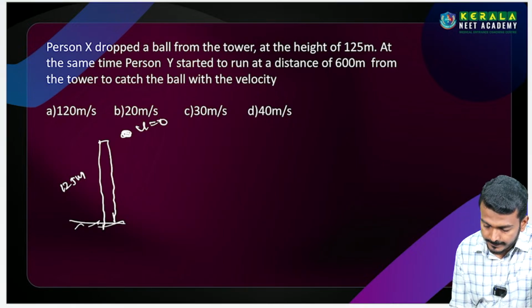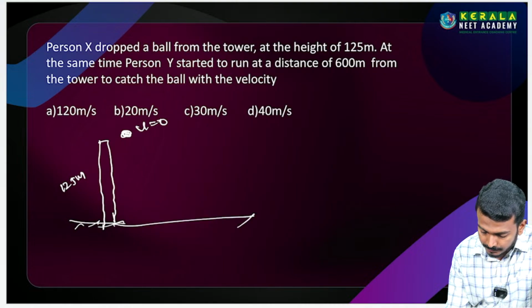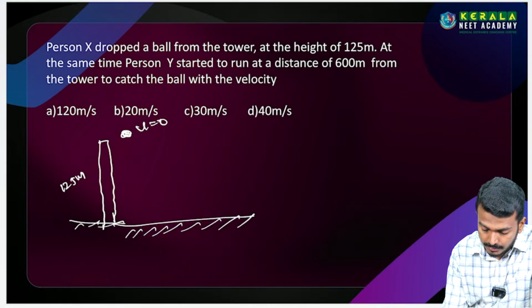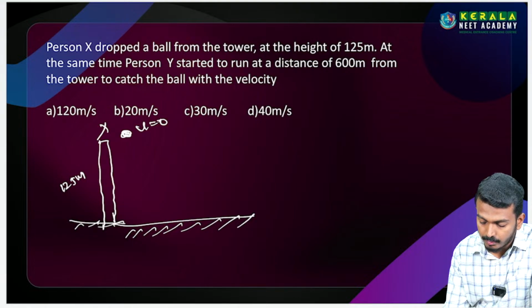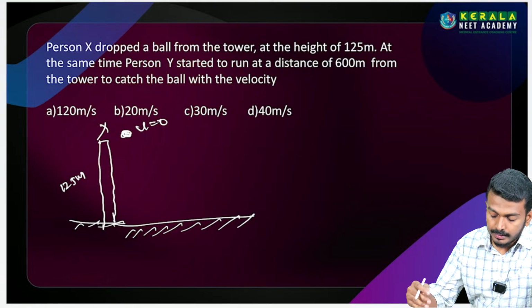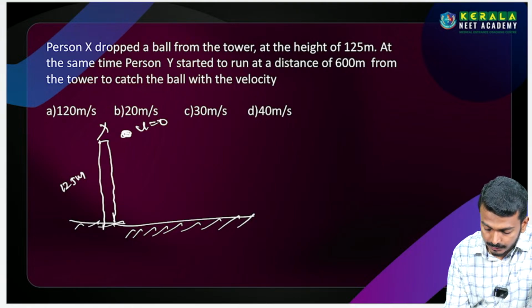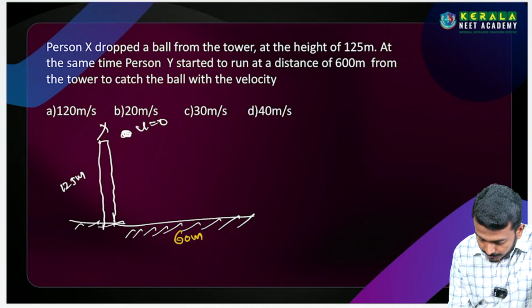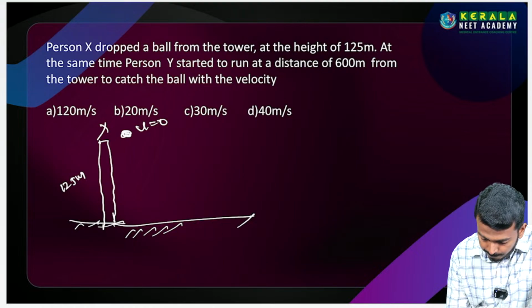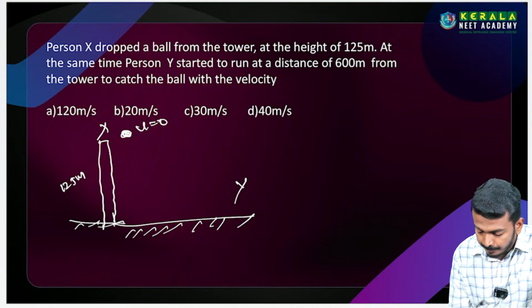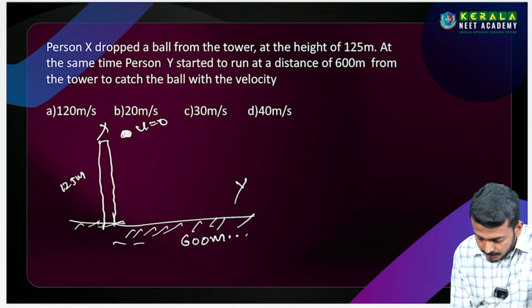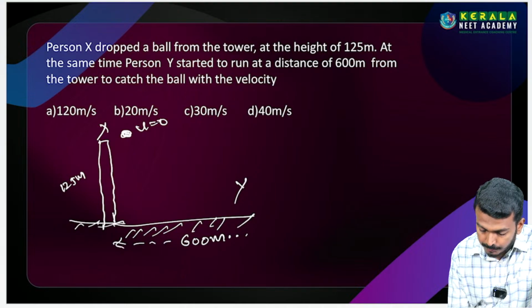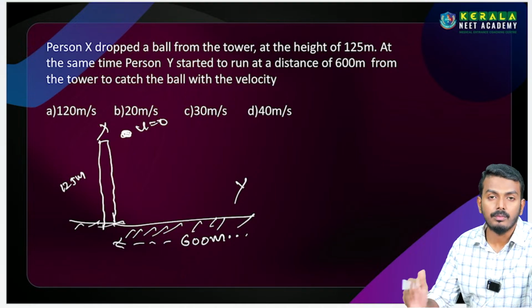Then at the same time, another person Y starts to run from a distance of 600 meter from the tower to catch the ball with what velocity?